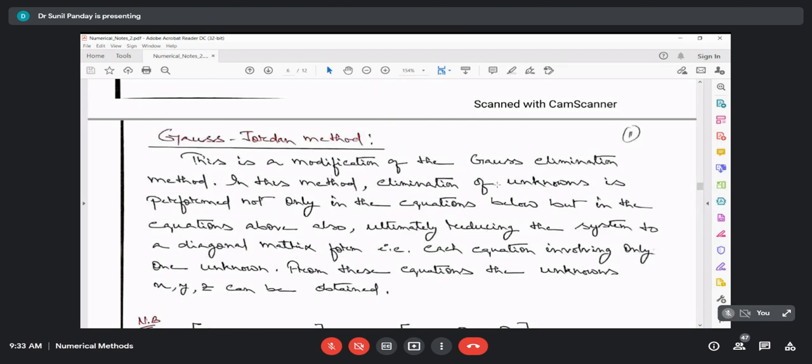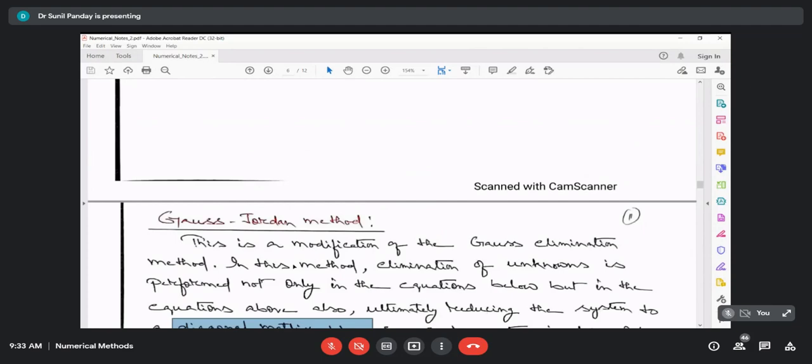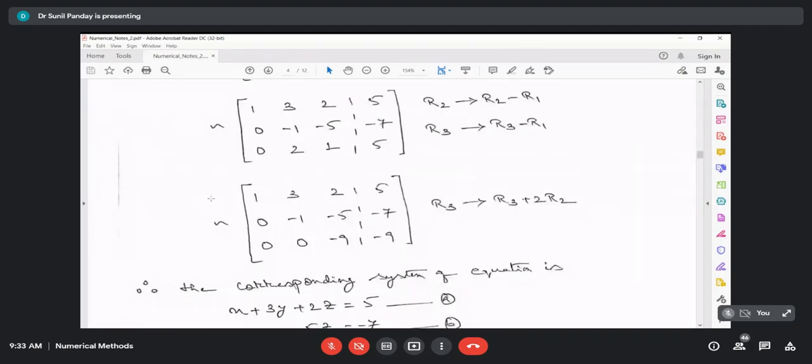In this method, the elimination of unknowns is performed not only in the equations below, but in the equations above as well, also reducing the system into a diagonal matrix form. So earlier, in the echelon form, we were transforming this matrix into its echelon form.